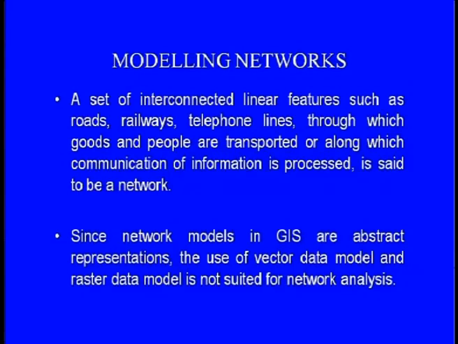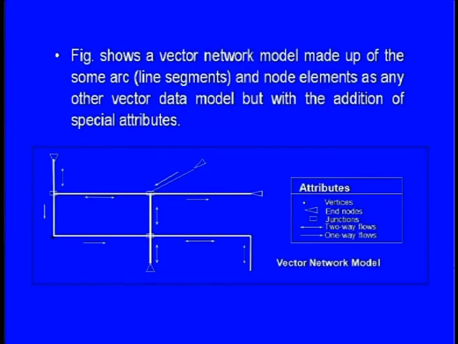Since network models in GIS are abstract representations, the use of the raster data model is not suited for network analysis. The figure below shows a vector network model made up of arcs, that is line segments, and node elements as in any other vector data, but with the addition of certain special attributes.